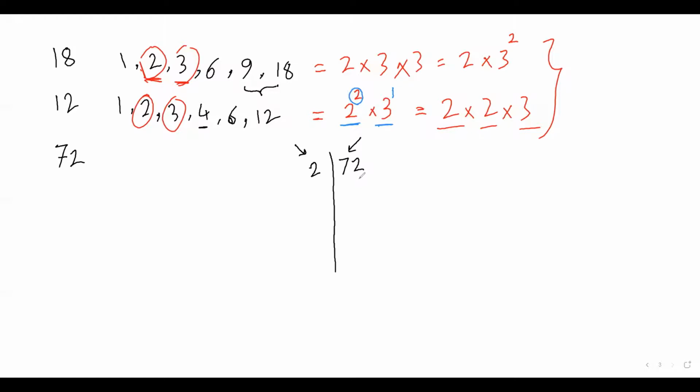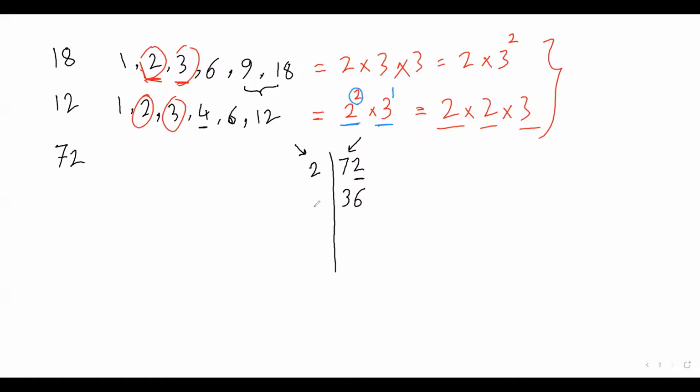Well, in this case, we're lucky because 72 is an even number and it can be divided by 2. So if you divide 72 by 2, you get 36, and you write that here. Now, the next question you should ask yourself is, is it also divisible by 2, or should I move on to the next prime number, which is 3?